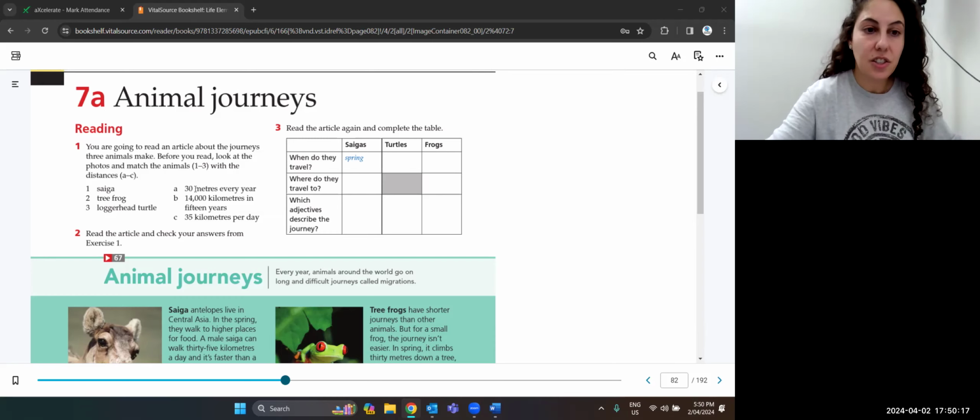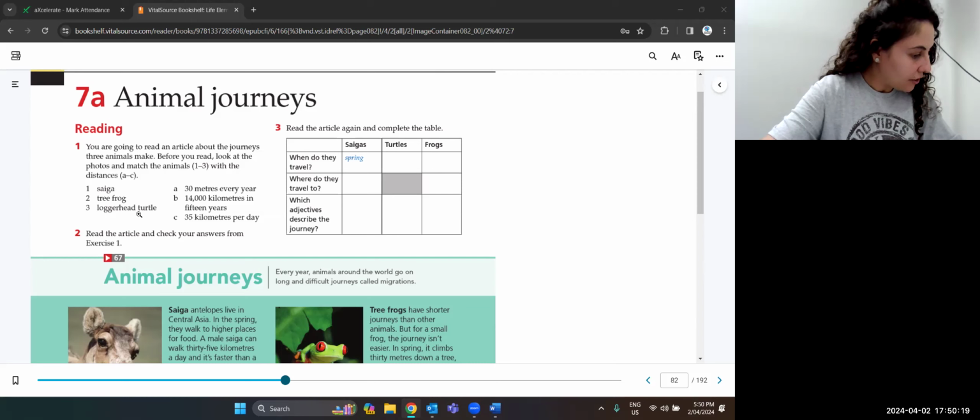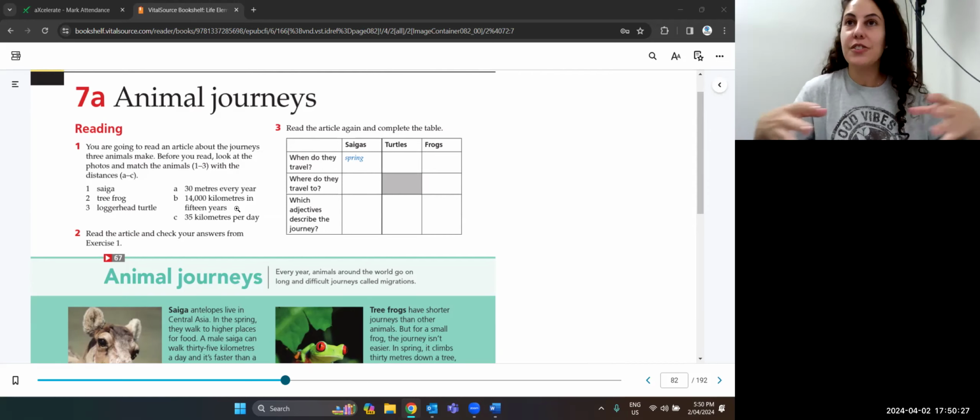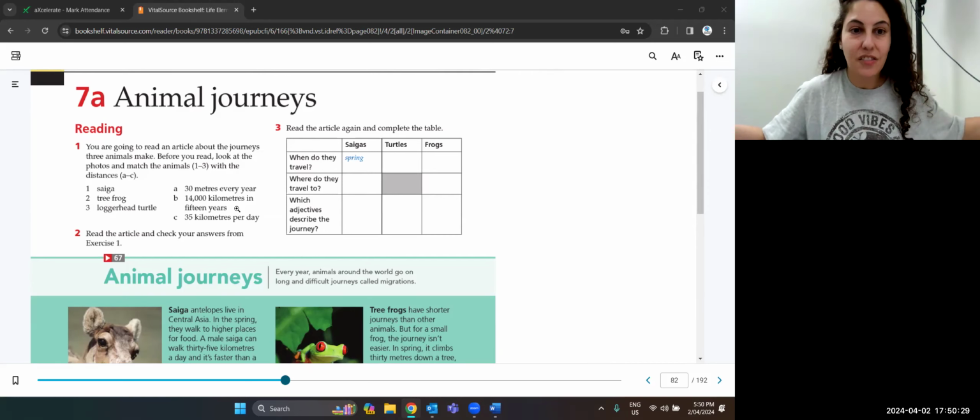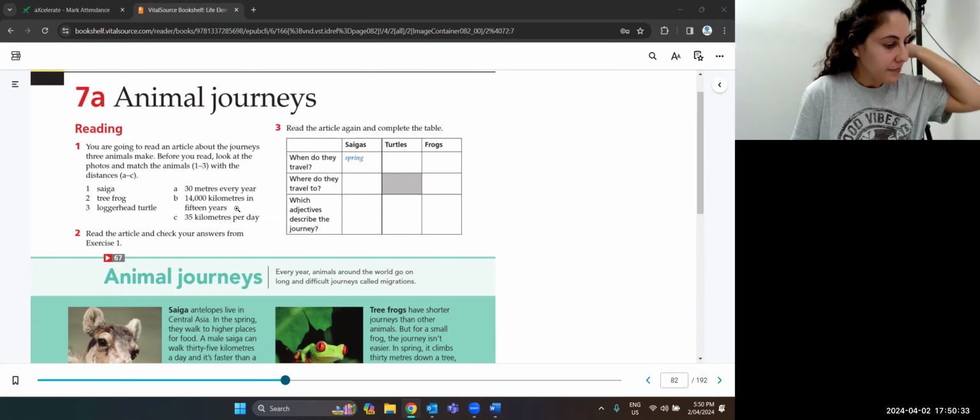Because the loggerhead turtle, I know, is 14,000 kilometers in 15 years. So that shows you the distance of its journey, how much time it needs.